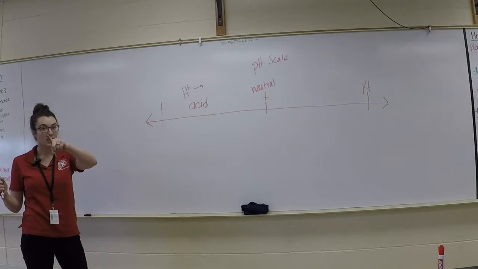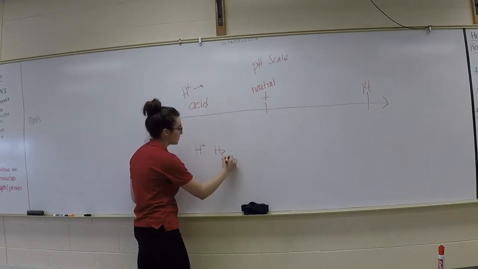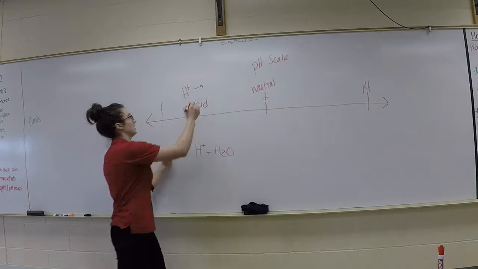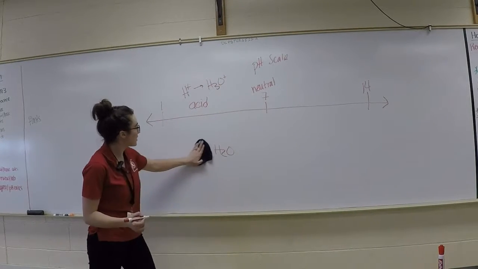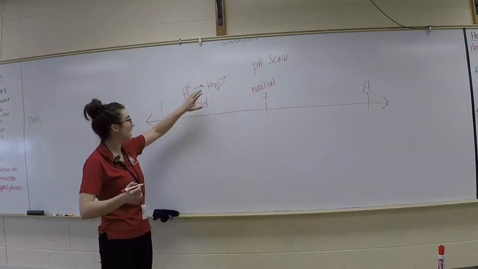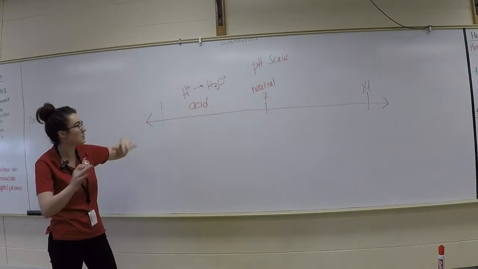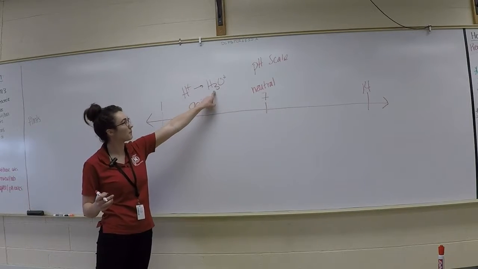Not OH. If we have an H+ and a water coming together, what molecule are we going to get? H3O+. So we really say that acids have a high concentration of H3O+, because anytime the H+ breaks apart in water, it likes to join up with water to make hydronium.